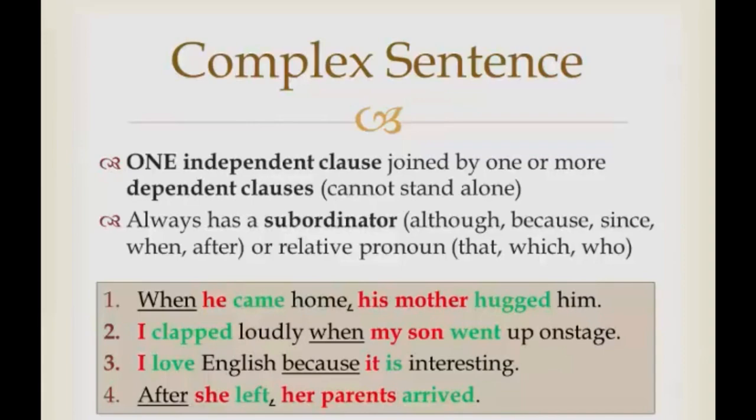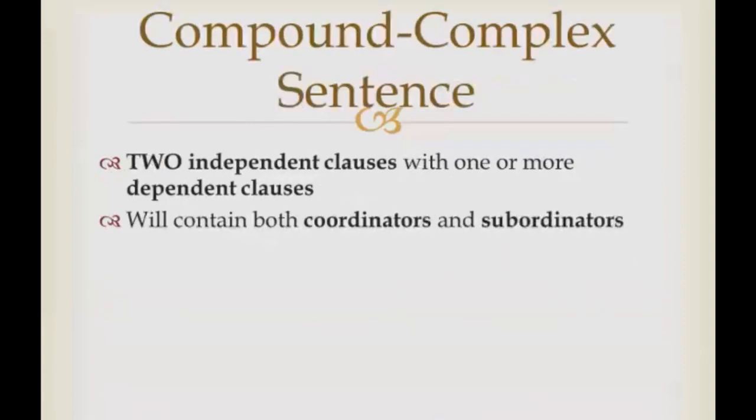What about compound complex sentences? It's a mix of both compound and complex sentences. In what way? Well, a compound complex sentence has two independent clauses, just like a compound sentence, and it also has one or more dependent clauses like a complex sentence.